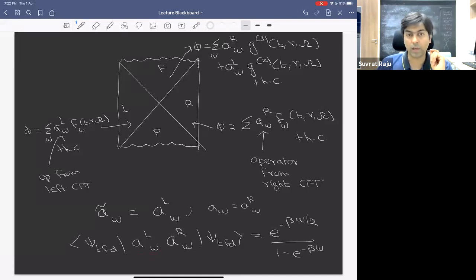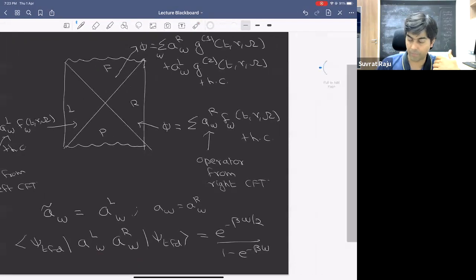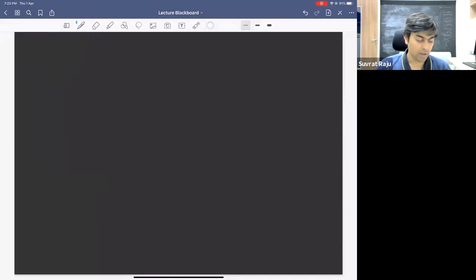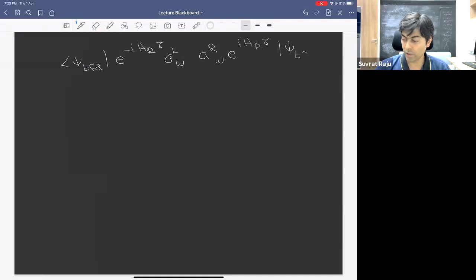But this is not correct because this reconstruction does not obey the correct properties if you do time translation. So in particular, if you now take the time translation of this correlation function, and you translate it with e to the i H_R tau, then you pick up a phase.